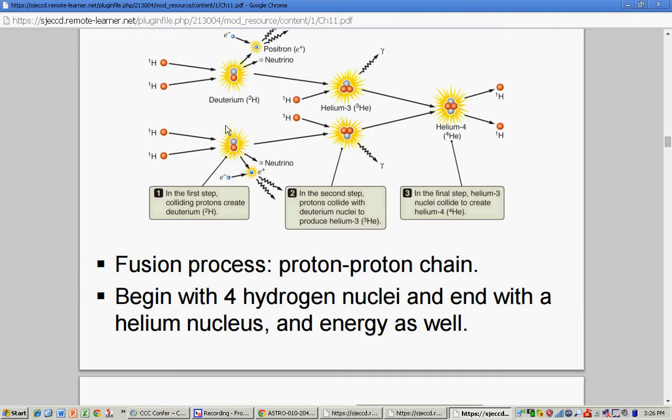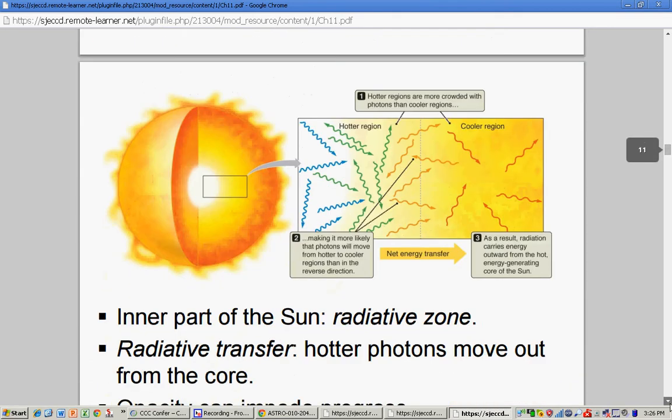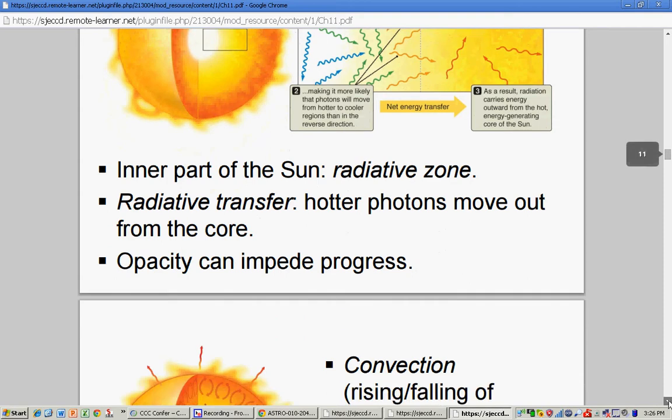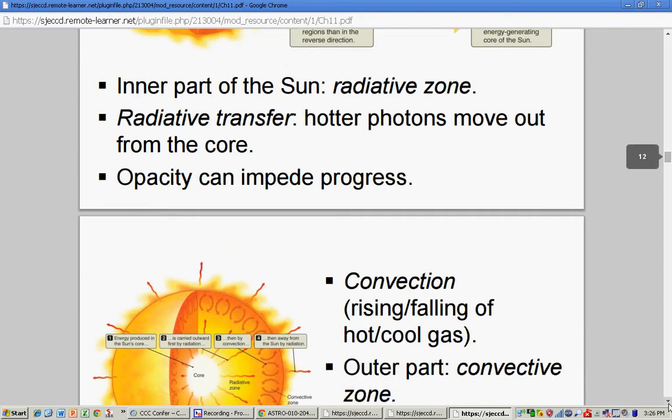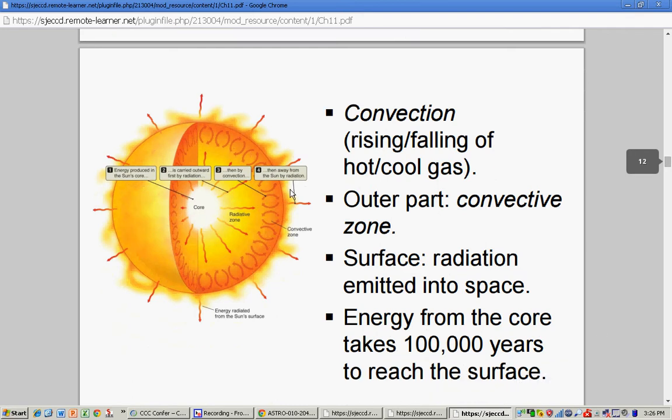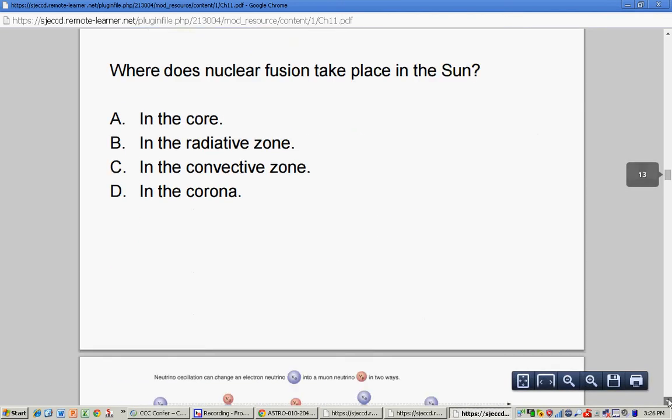But this diagram indicates the steps leading from 4 atoms of hydrogen to 1 helium atom. Okay. So the radiative zone again is where radiation moves outward, and eventually in the outer layers convection takes place in the convection zone. So those are the three regions in the solar interior.